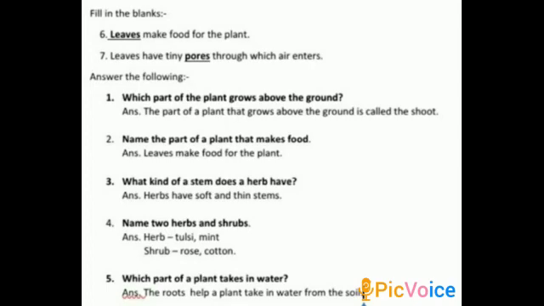Herbs have soft and thin stems. Fourth one, name any two herbs and shrubs. Herbs: tulasi, mint. Shrubs: rose, cotton. Fifth one, which part of a plant takes in water? The roots help a plant take in water from the soil.